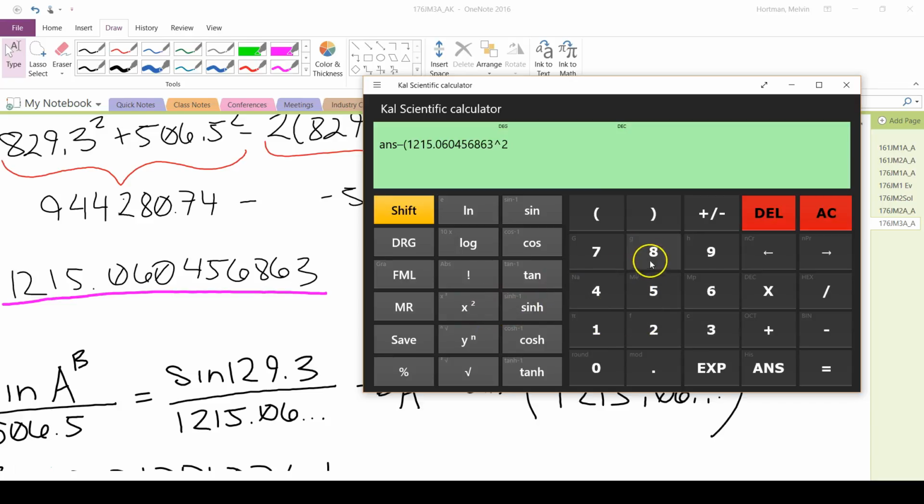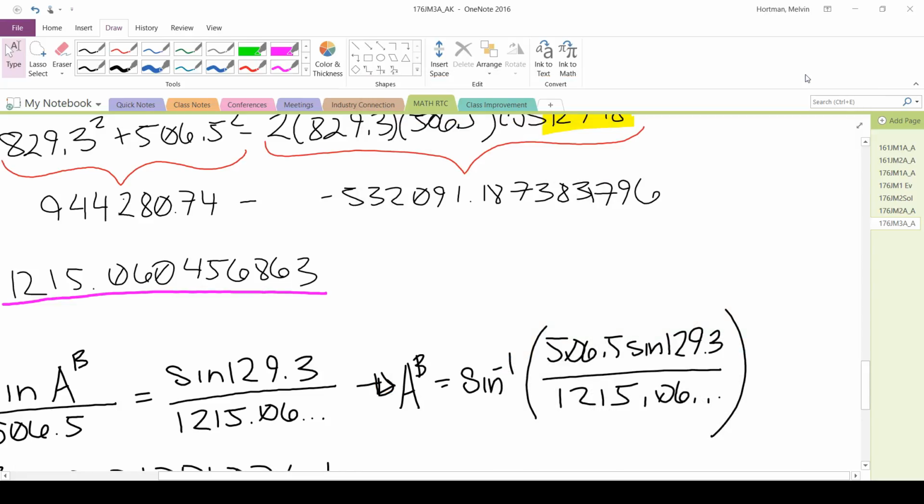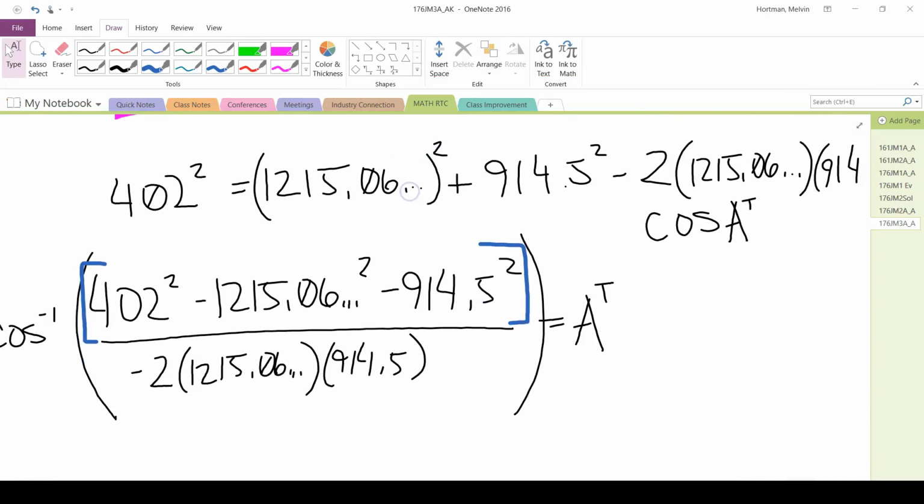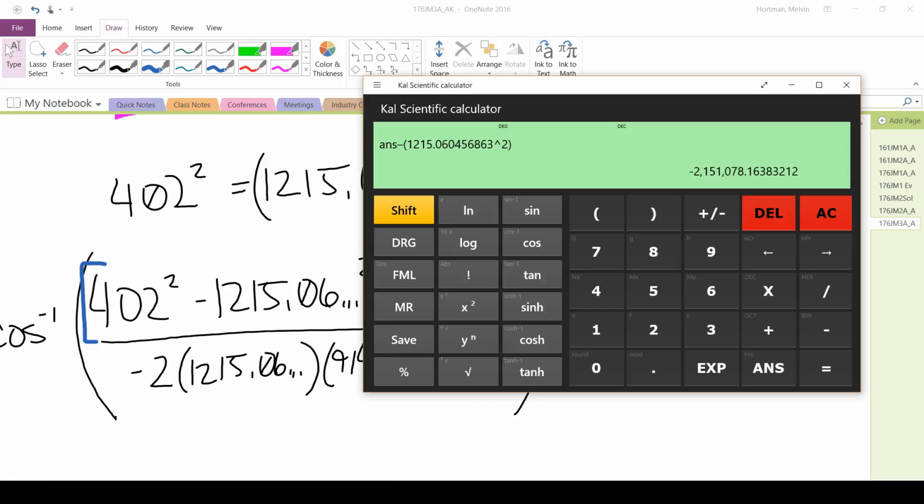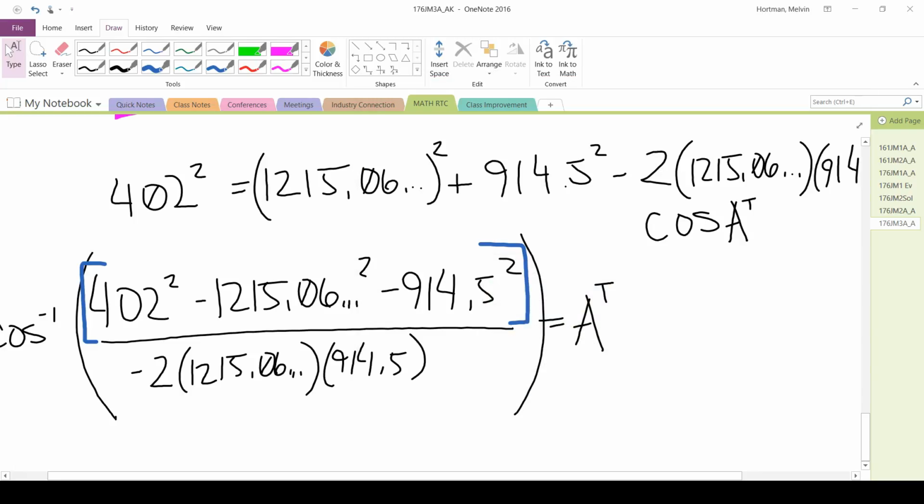So this whole thing is about negative 2 million or so.